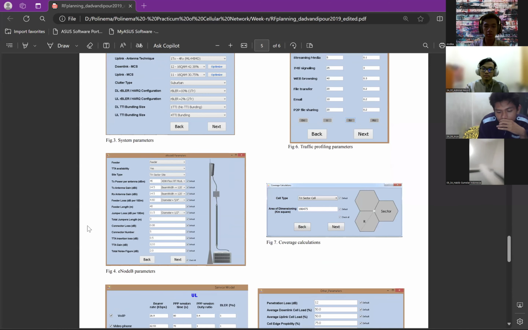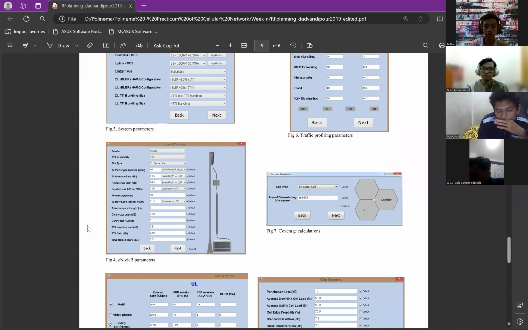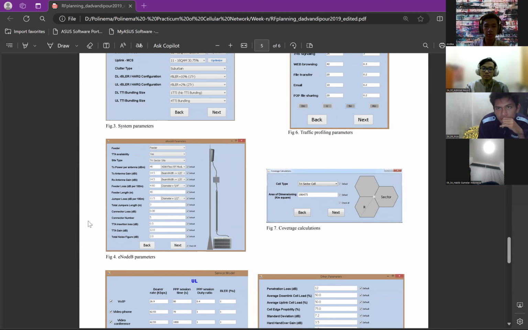On figure 4, it is about the physical antenna parameters, or unit parameters. As you can see, it is the specification of the antenna, just like here. There are transmitter and receiver gain in dB, and then the power in dBm, and losses which are classified into connector loss, jumper loss, and TTA insertion loss.